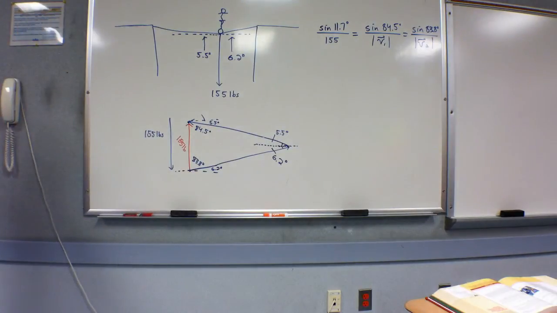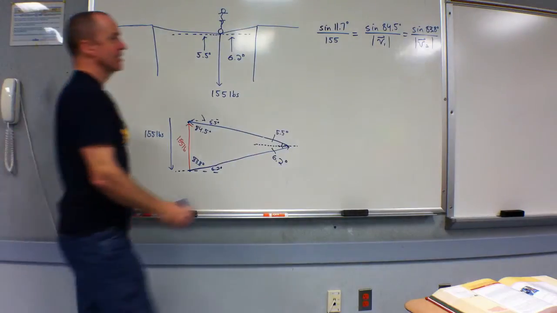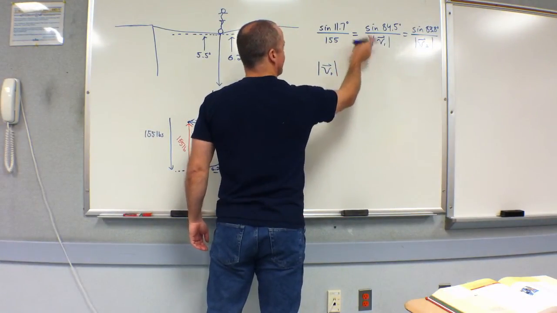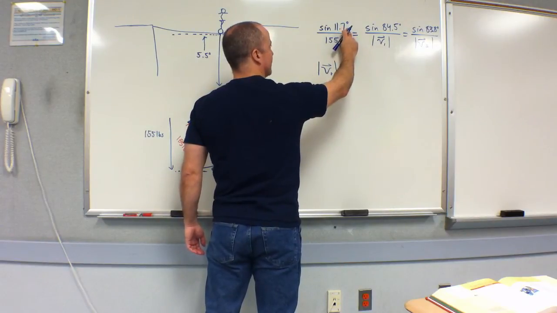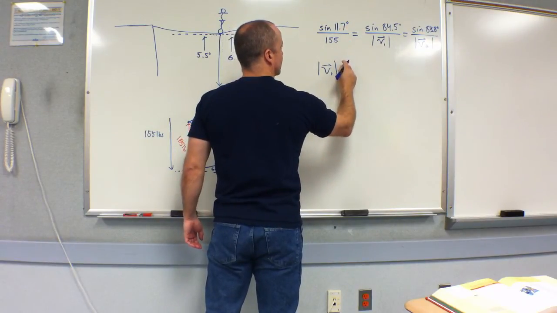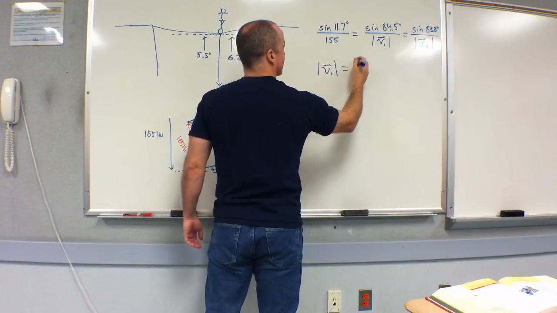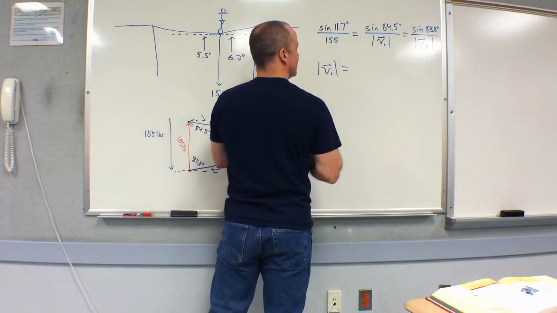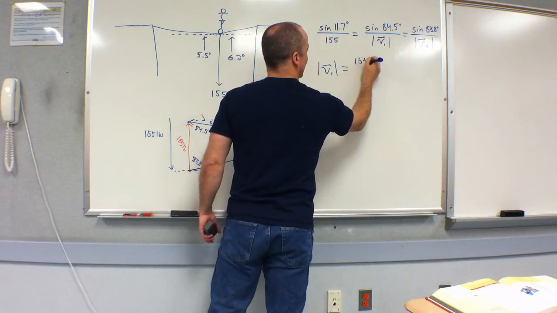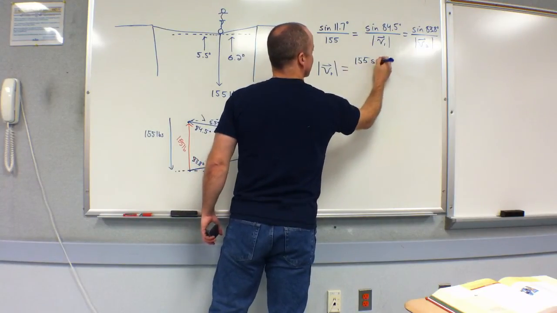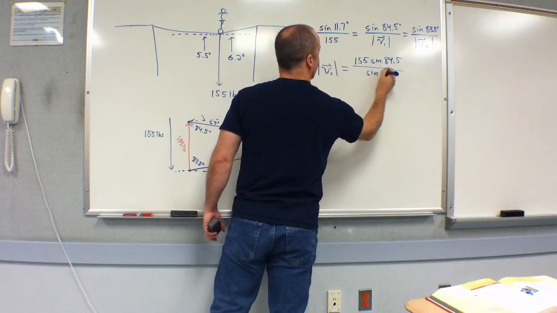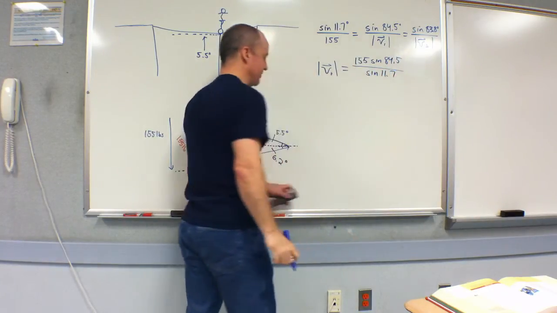I can solve each of those ratios separately with a little bit of cross multiplication, a little bit of rearranging. Vector 1 multiplied by sine of 11.7 is 155 sine 84.5, so it'll wind up being 155 times the sine of 84.5 divided by the sine of 11.7.